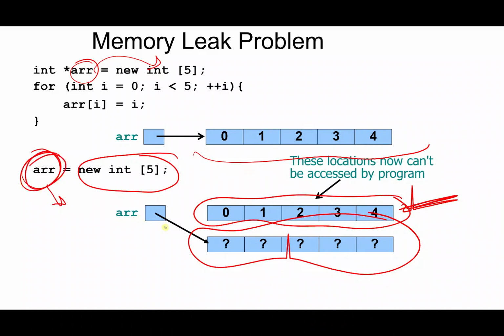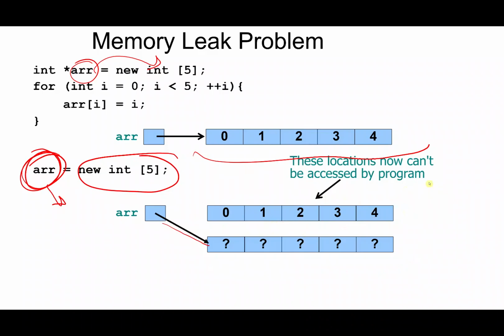My pointer is pointing to something totally else. Okay. So basically, memory leak is when the operating system thinks that I'm using memory locations while actually I don't have access to them. Like this case.